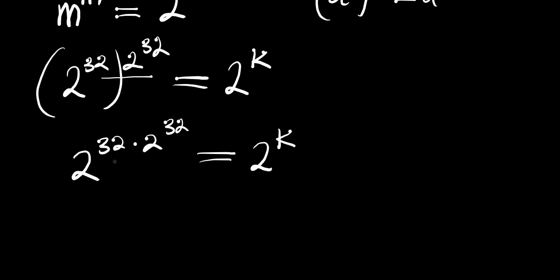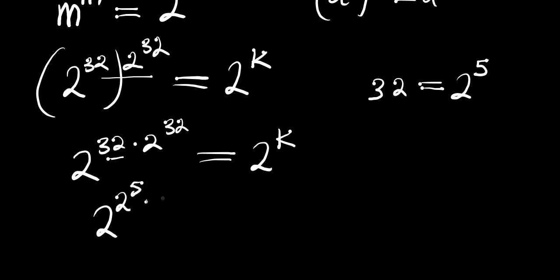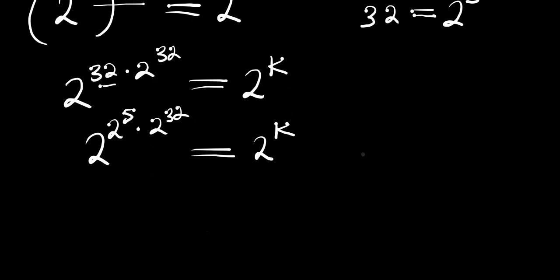Now we can as well express 32 in its exponential form, that is 2^5. So that means we are going to have 2^(2^5 times 2^32), and this equals 2^k. Now going by this identity, if you have a^n times a^m, this equals a^(n+m).